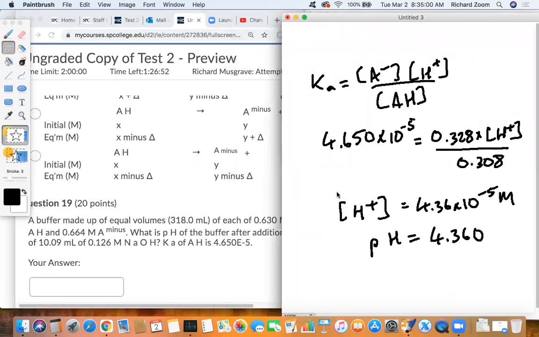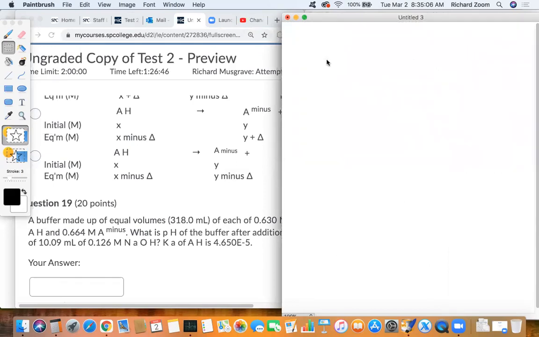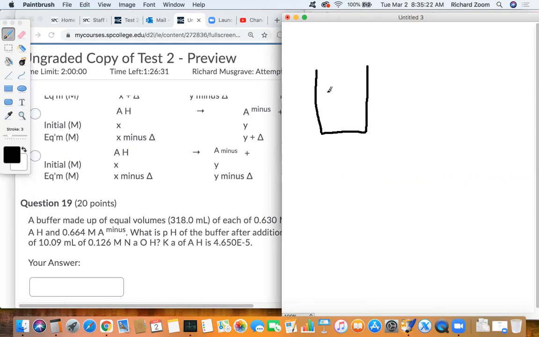Okay, I'm going to go over two cases here, Karen. Both possible cases that you would see here. So we start off with a buffer, which is going to be a mixture of A minus and AH.